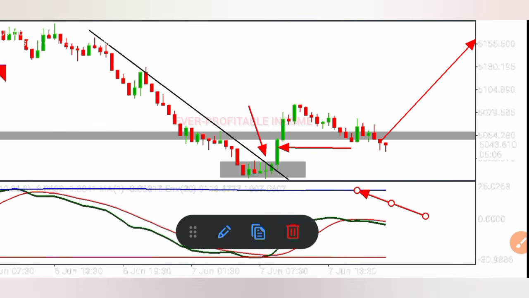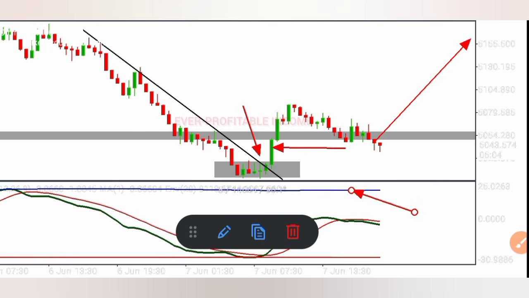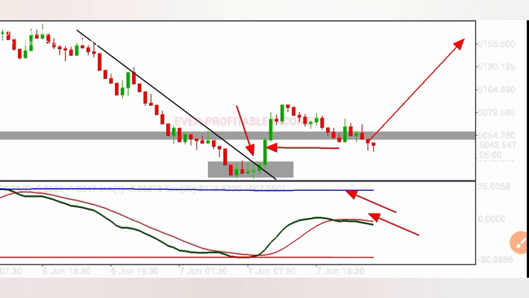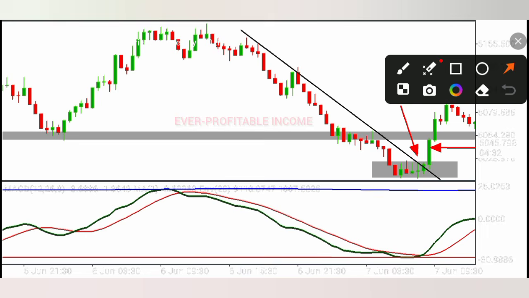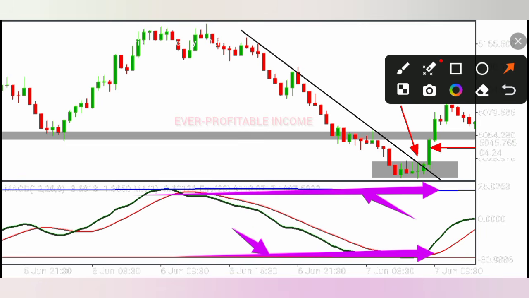The envelope is the blue line up and the red line down. That is your envelope: the two horizontal lines, up and down.